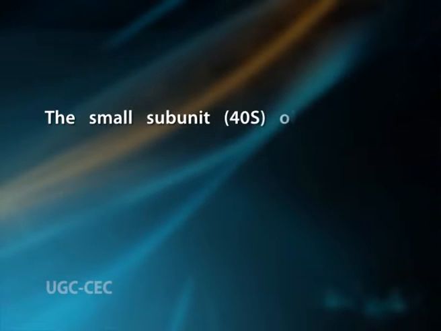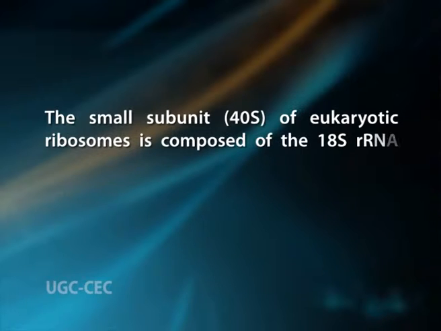The subunits of eukaryotic ribosomes are larger and contain more proteins than their prokaryotic counterparts have. The small subunit of eukaryotic ribosomes is composed of the 18S rRNA and approximately 30 proteins.